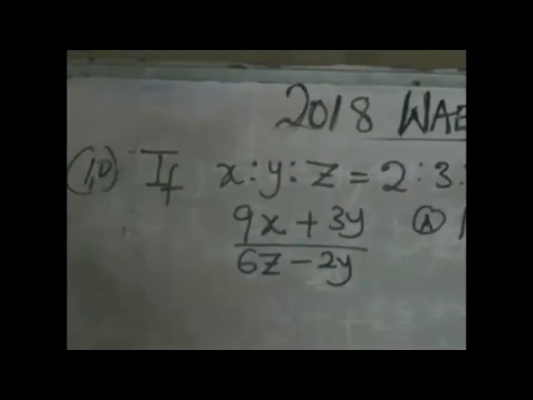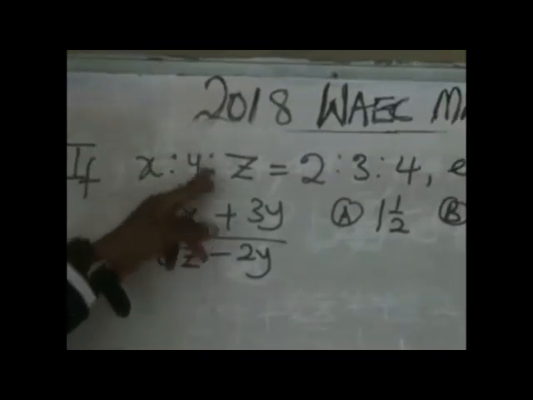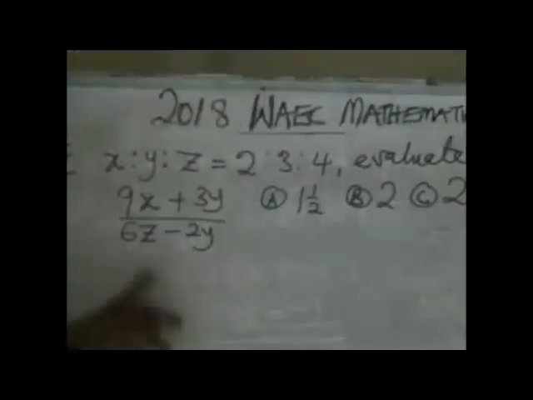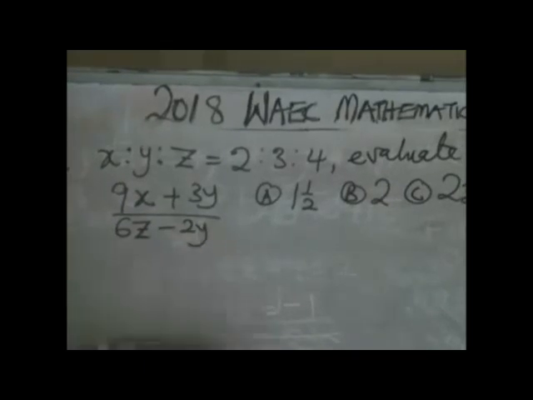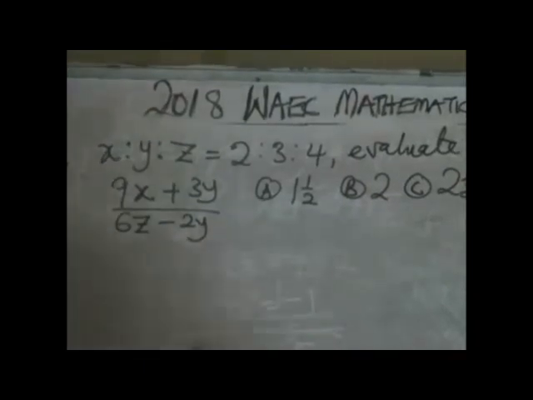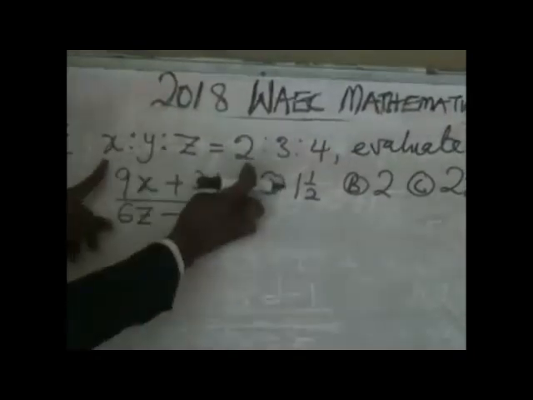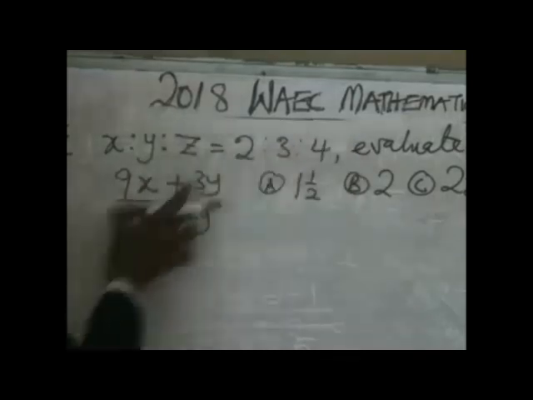Here is question 10 of the 2018 WAEC mathematics questions. It says if x ratio y ratio z equals 2 ratio 3 ratio 4, we should evaluate 9x plus 3y divided by 6z minus 2y. What you just have to do is substitute the values 2, 3, 4, because x is 2, y is 3, z is 4, into this expression.